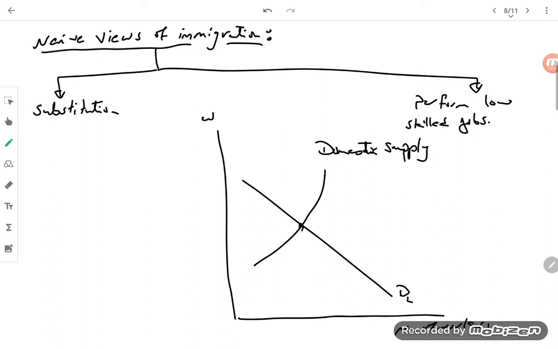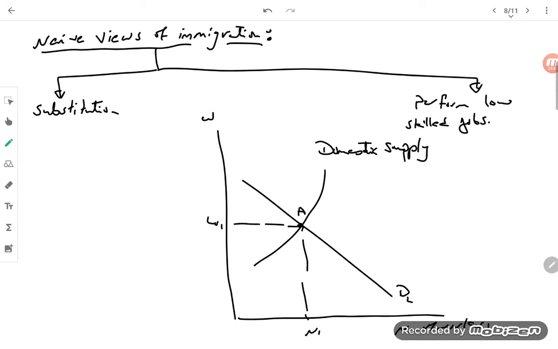The point of intersection is the point of equilibrium, at which this is the quantity that will be employed, or the number of workers that will be employed, which is N1, and the wage rate that prevails in this market will be W1.